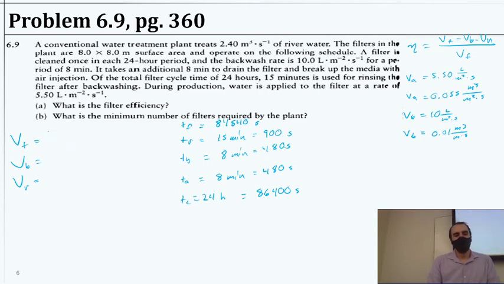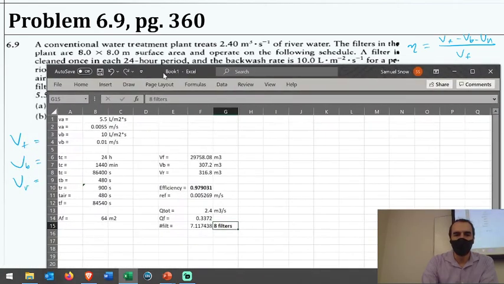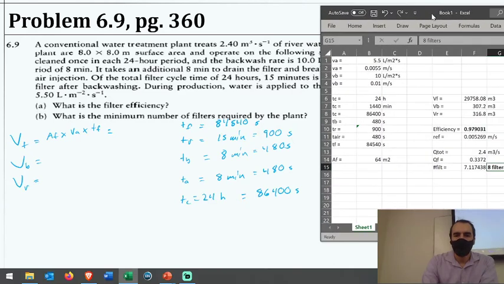Then the volumes, again, this is just simply going to be area of the filter times the loading rate times time of the filtration, or the associated pieces for each, right? So that for the volume filtered, I went ahead and put all this in Excel so we can just take a quick look here. So the area of the filter, of course, is 64 square meters.